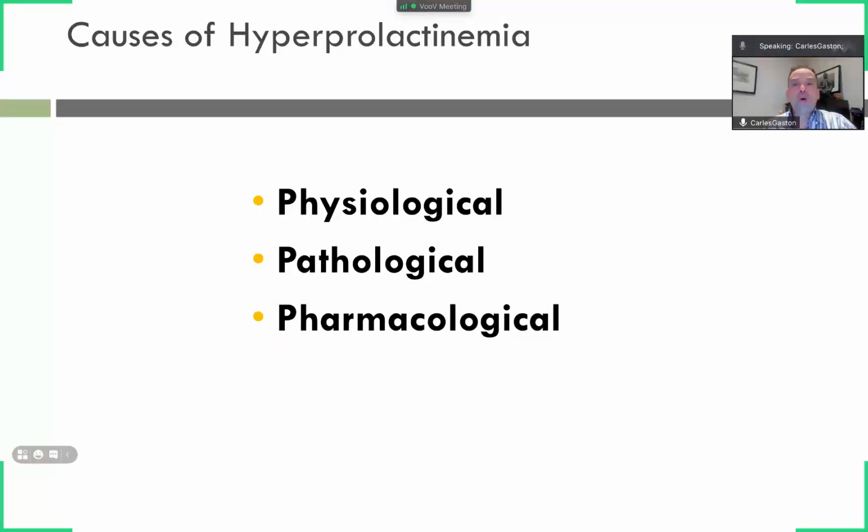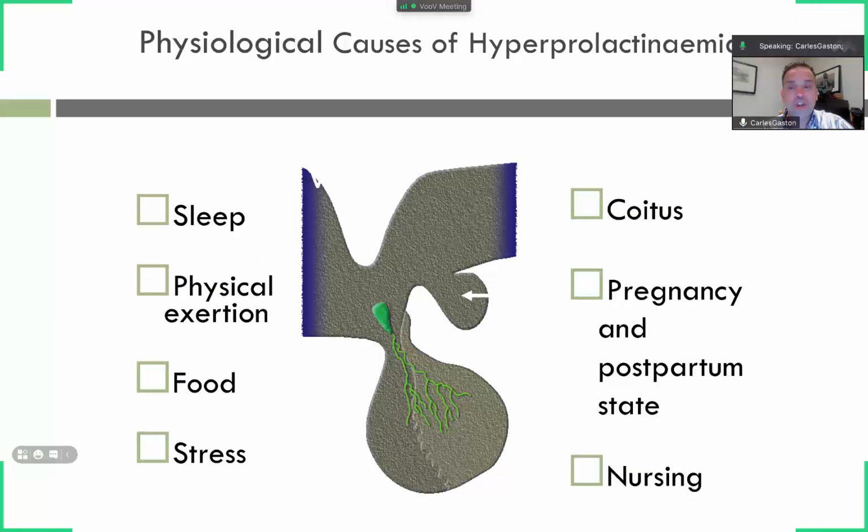So we're going to study the causes of hyperprolactinemia, such as physiological, pathological, and pharmacological. The physiological causes include sleep, physical exertion, food, stress, coitus, pregnancy, postpartum stage, and nursing.